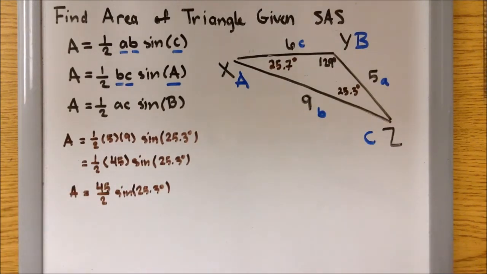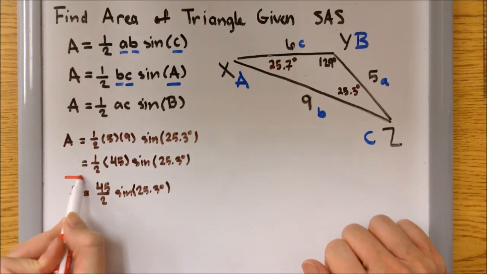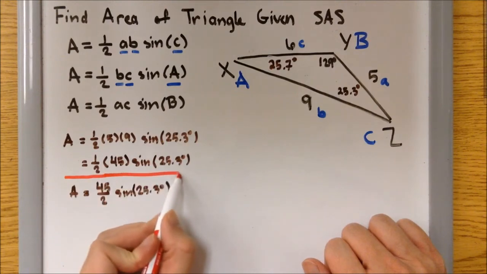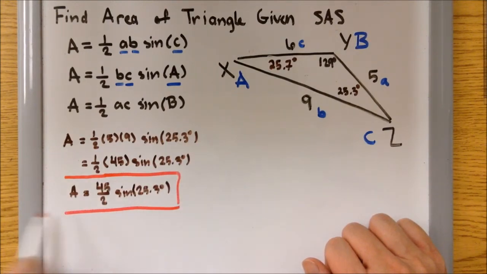So there's nothing I can do from 45 over 2, which I prefer not to use a decimal. And I can't simplify sine of 25.3 degrees, so this form, I'll stop here. So this would be my final answer.